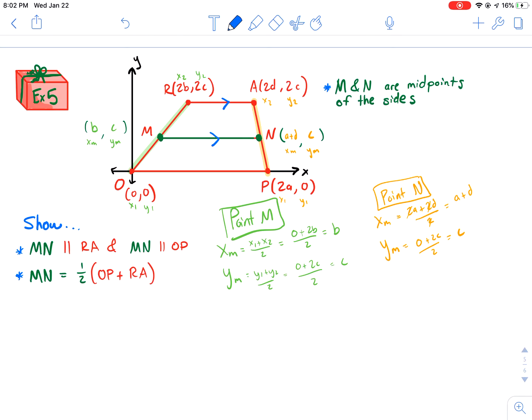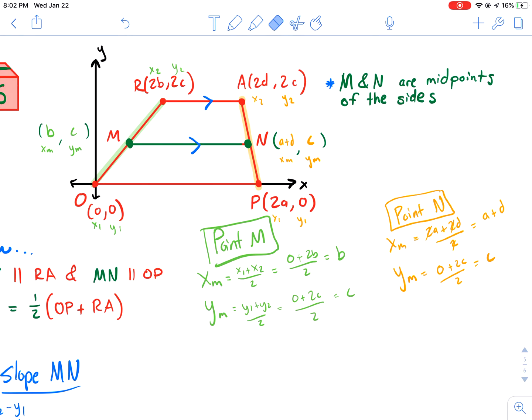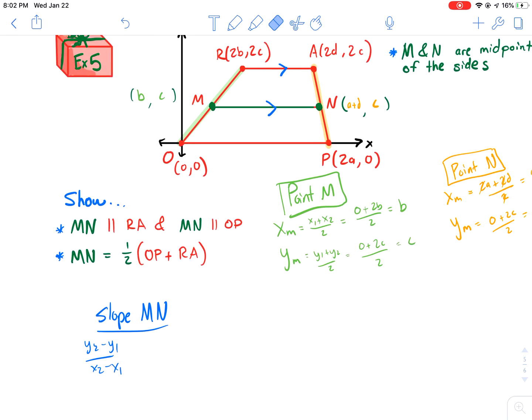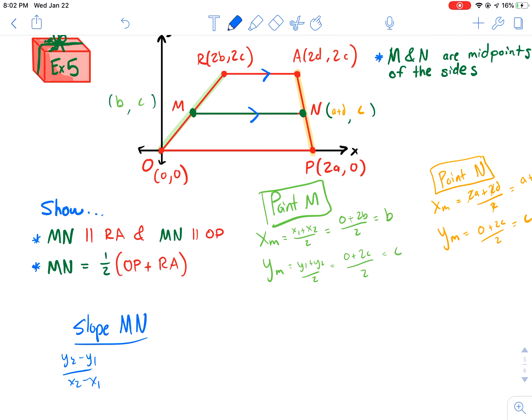Now, if we're trying to show that MN is parallel to RA, we just need to show that it has the same slope. So we're going to find the slope of MN first. Slope is Y2 minus Y1 over X2 minus X1. Now, I'm going to erase all my X1 and Y1 labels. Why? Because we're using a new series of points in which to label.